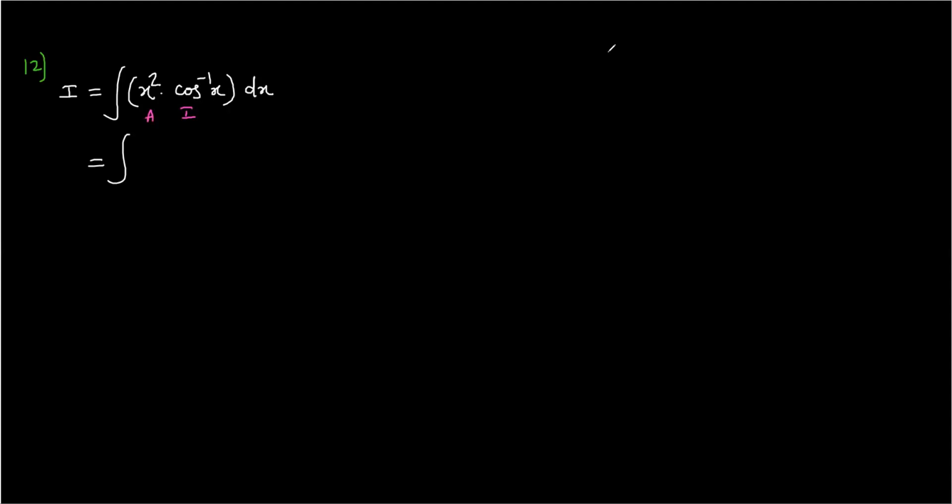And as per the LIATE rule, it is I then A. So inverse trigonometric functions have higher priority over algebraic functions. So I will change the order, and hence I will write cos inverse x into x square dx.